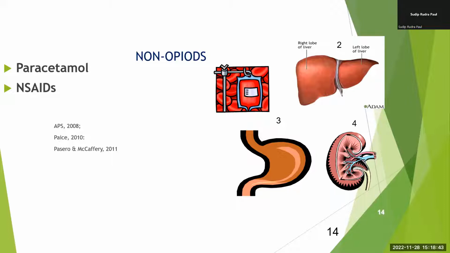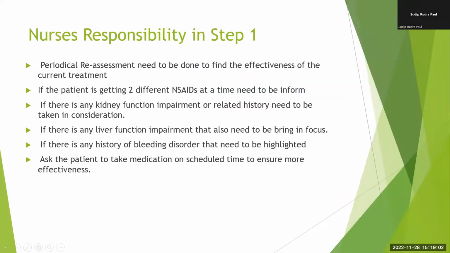If the patient is getting paracetamol for a very long time, maybe 3-4 years continuously, there can be liver function impairment, and NSAIDs sometimes affect kidney function as well. We need to keep in mind those side effects when administering the drugs to the patient.